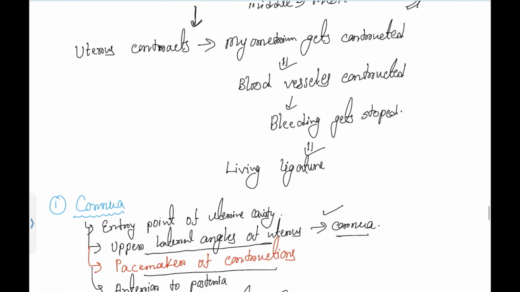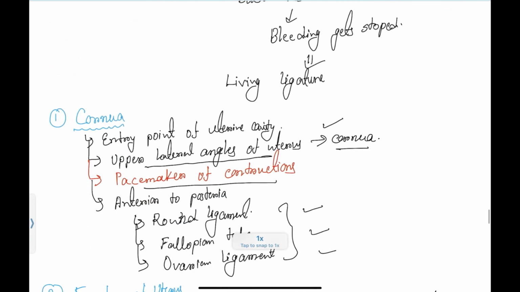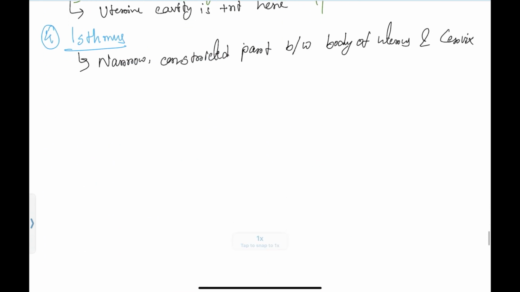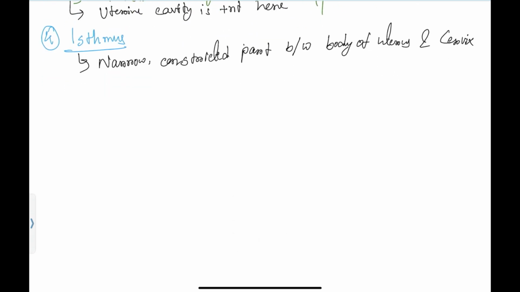So let's check. Here it is your isthmus. It is situated between the body of the uterus and your cervix. So that's all about the parts of the uterus.